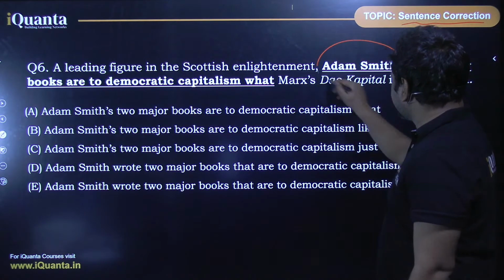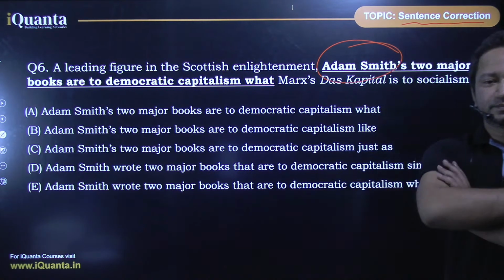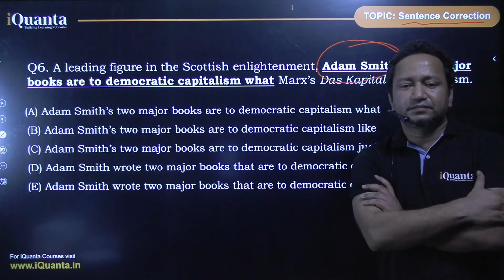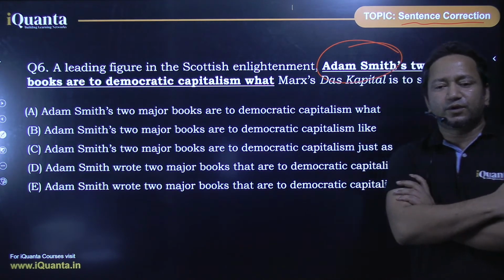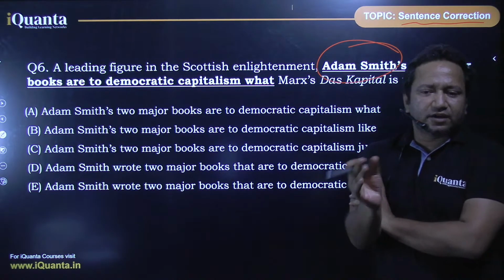Who was Adam Smith? Anybody tell me who was Adam Smith? Adam Smith is considered to be the father of modern economics.